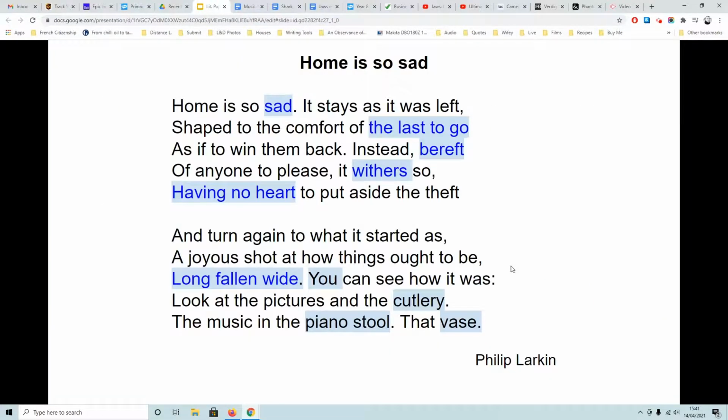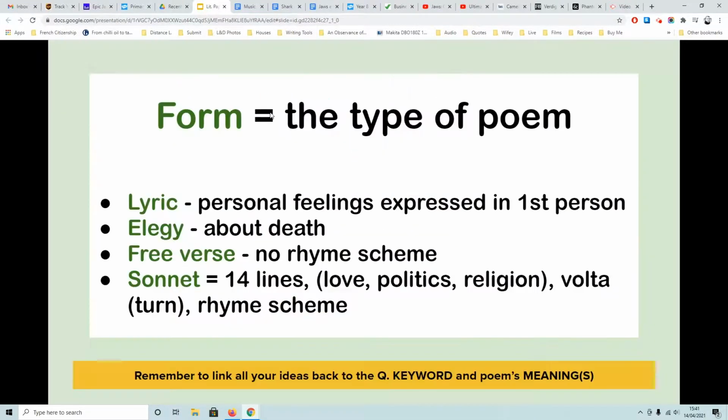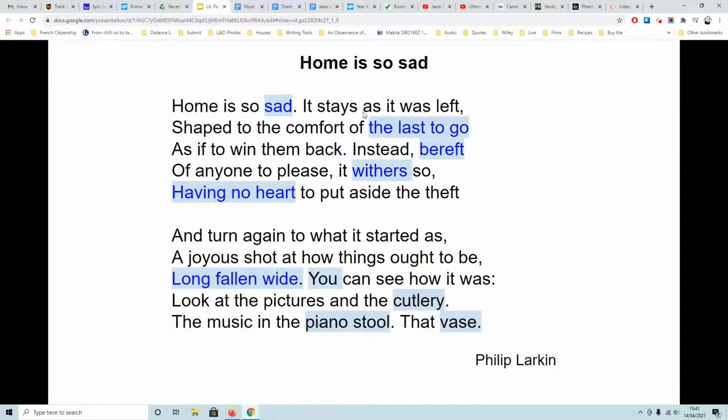Okay, let's start exploring. For me, what jumps out at me is a lexical field of sadness, loss, and failure. So we've got sad, here, and then we move to the last to go, the idea of moving on, departing. Bereft is a feeling of being empty and lacking.